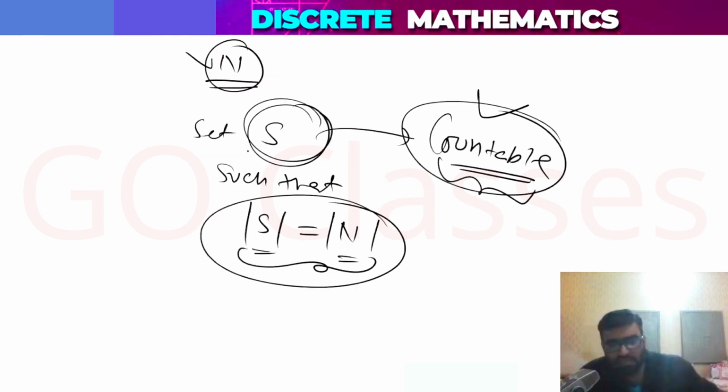Now in the previous definition, let me change it. So the definition of countability, now I will define what is countable. Let me define it again. Countable set.